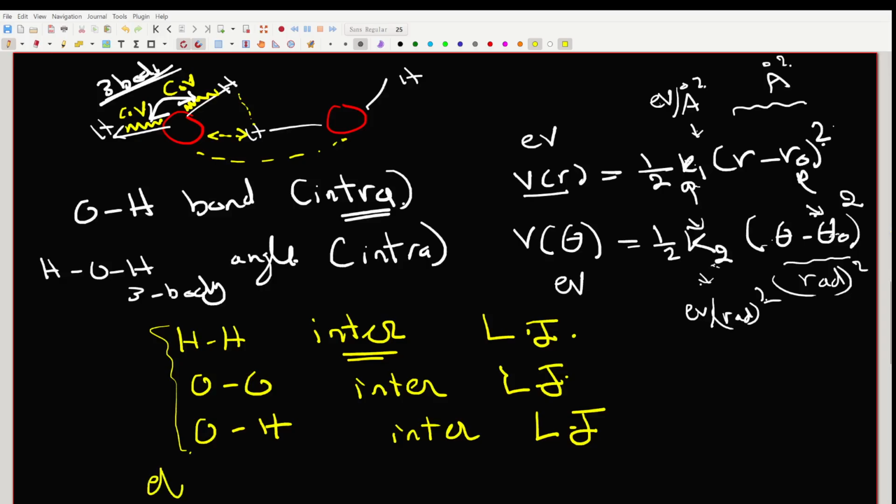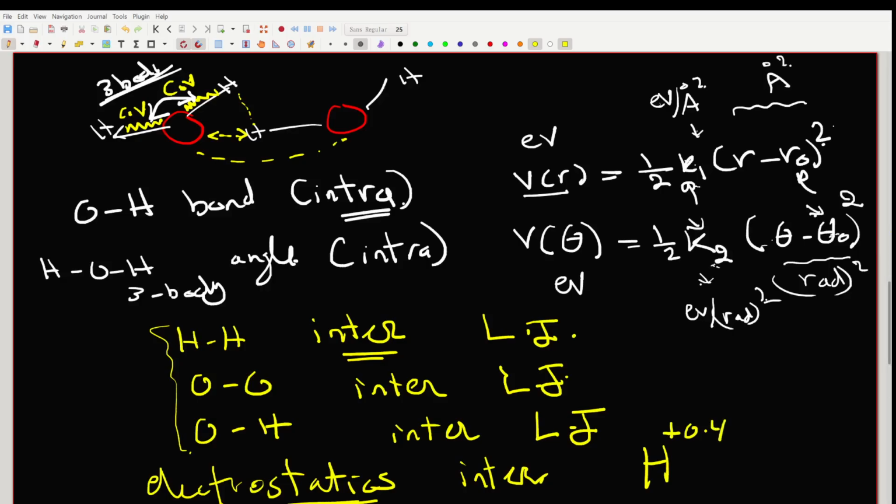So there is electrostatics in water, and covalent material could have some partial ionic character. So there is electrostatics, and this is an intermolecular interaction. The way it goes is that typically hydrogen is associated with some small positive charge, not a formal plus one, because then it would be purely ionic, but something like plus 0.4 typically, and oxygen is negative 0.8.